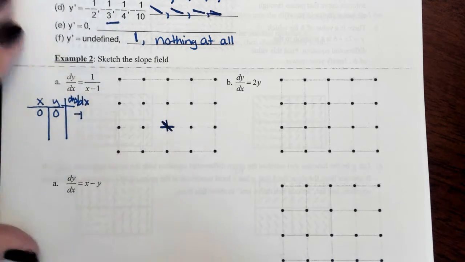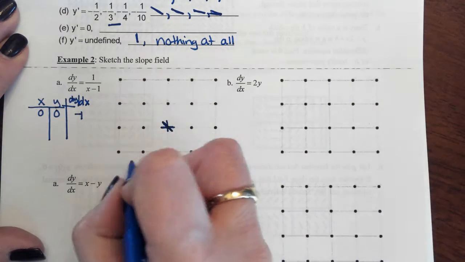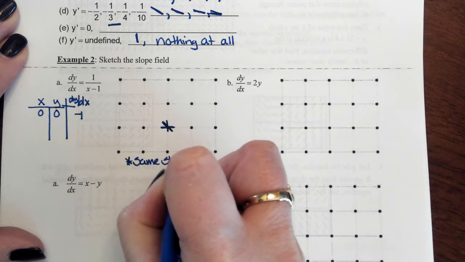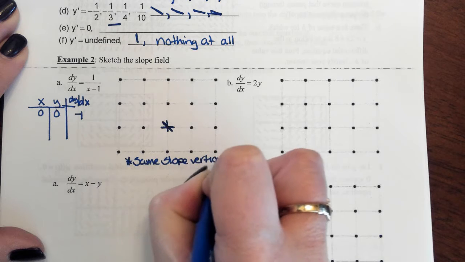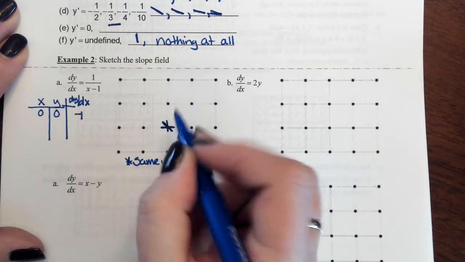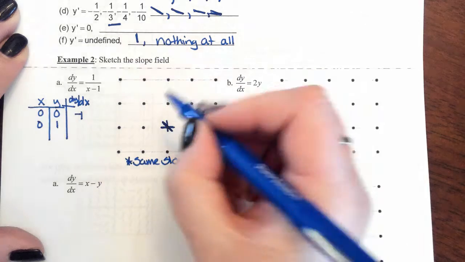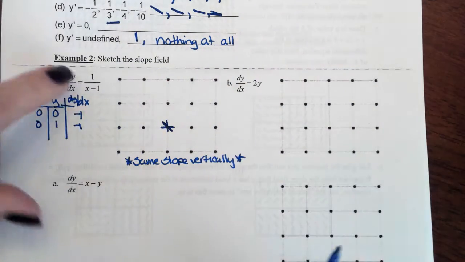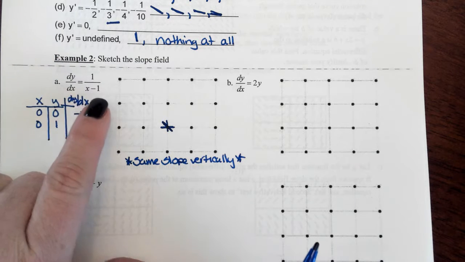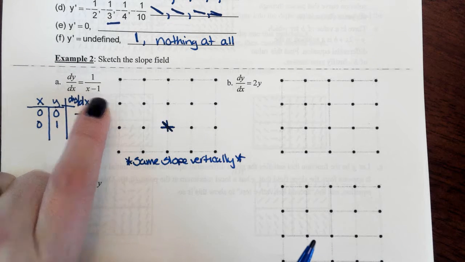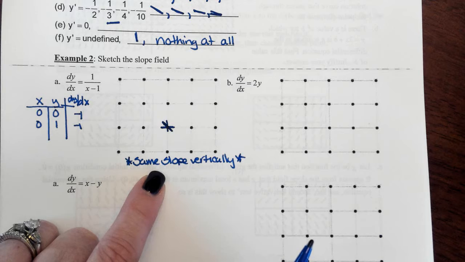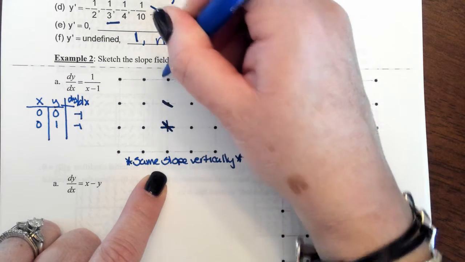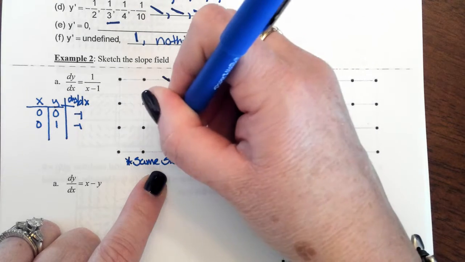So you're going to end up having the same tangent line slopes vertically. Because notice if I plug in x is 0, y is 1, for example, when I plug 0 in again, I'm going to get another -1. So when you have a differential equation where you have just an x, what happens in your slope field is you're going to have the same slope vertically. So I can simply draw all my slopes of -1 anywhere that x is equal to 0.